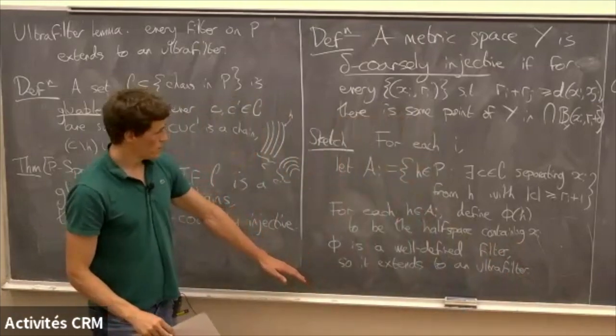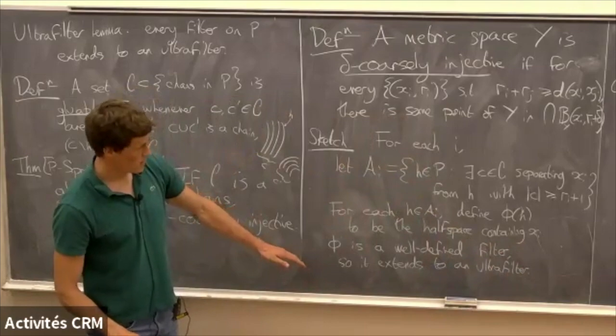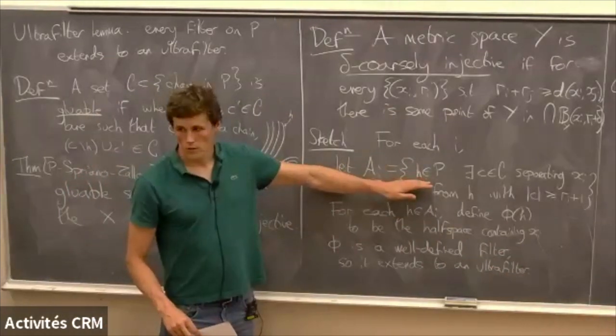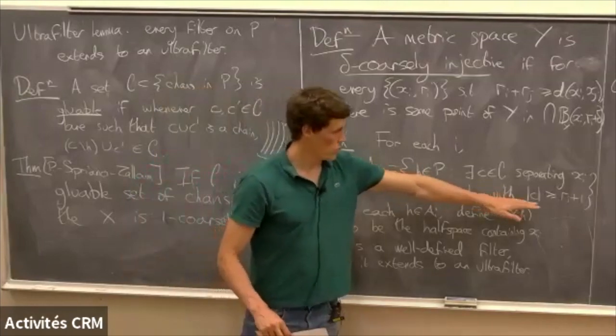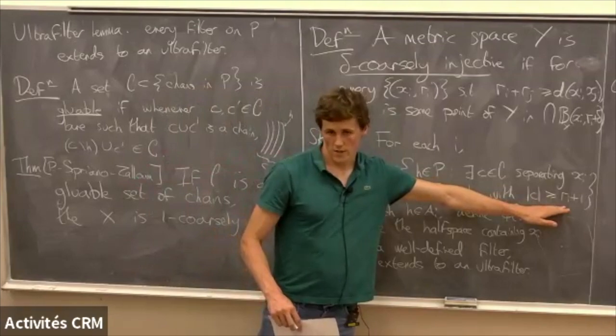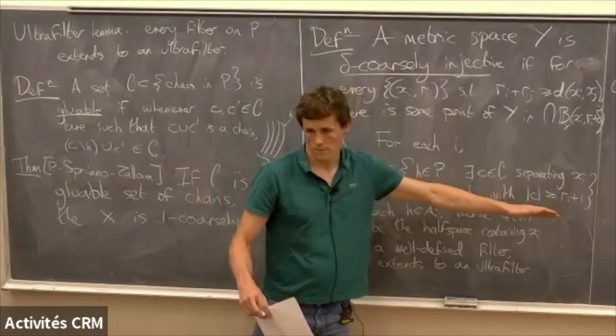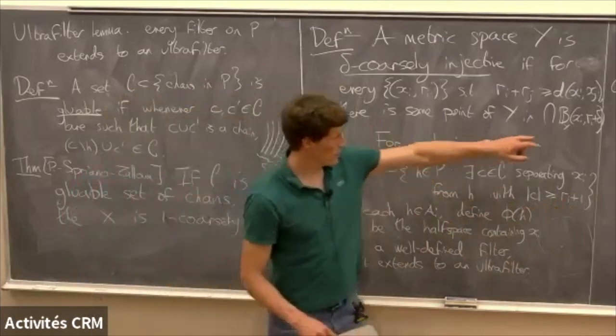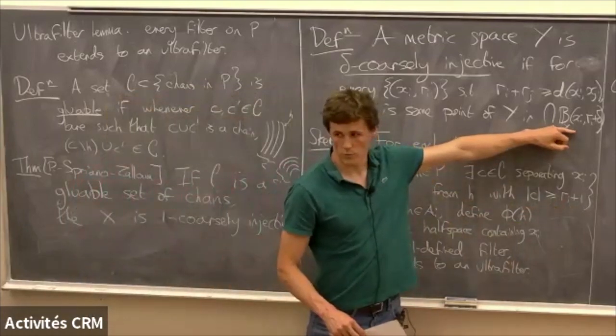Now, that ultrafilter has the property that there is no wall more than Ri plus 1 away from xi that separates it from xi. So for every i, its distance from xi is at most Ri plus 1. In particular, it lies in all of these Ri plus 1 balls.